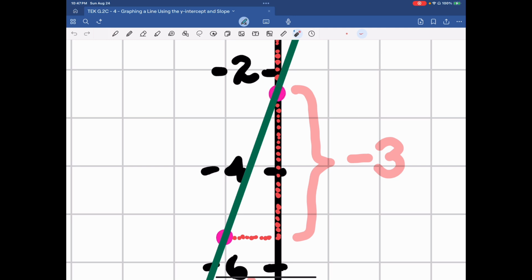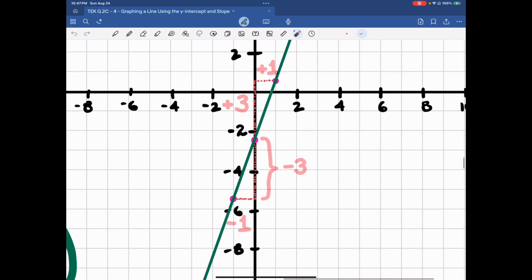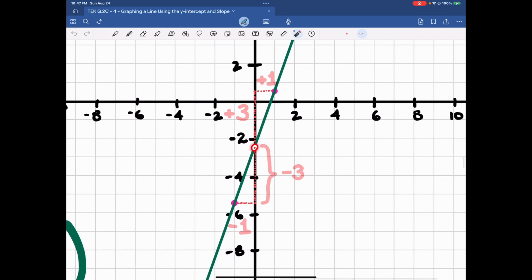Now my slope says that I can write it as a negative 3 over a negative 1. So that means that I would drop 3 and I would go backwards 1. Go down 3, backwards 1. And that moves me from this point to this point.